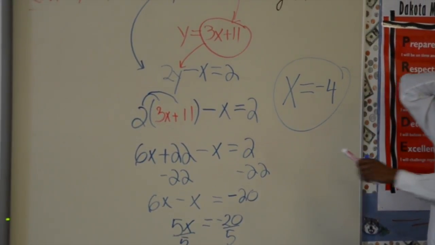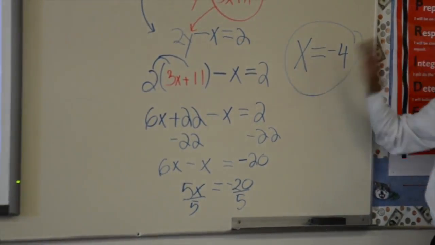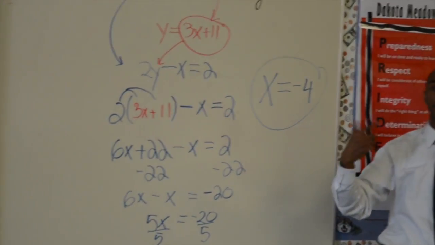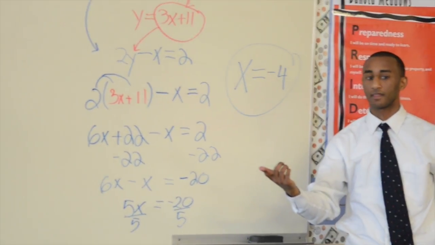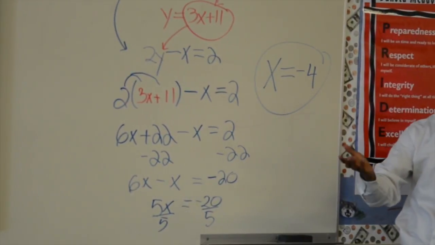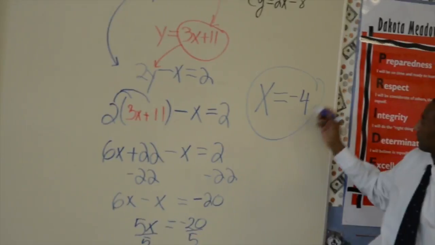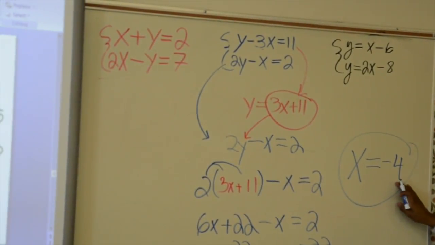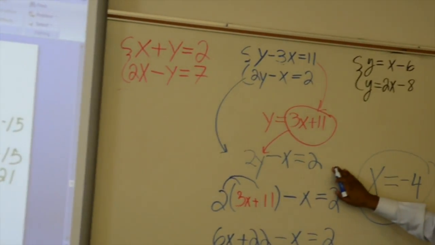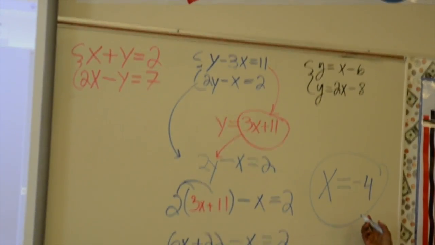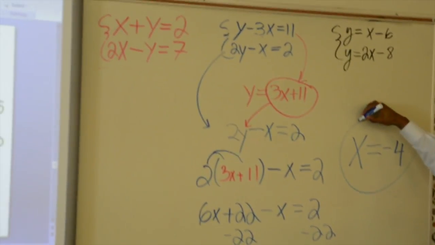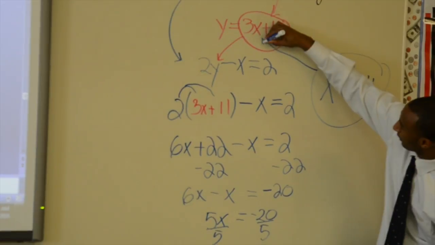So we got our x to be negative 4. How do we determine our y value? Yeah, we just plug it in or we substitute again. Where do we substitute? We substitute for x because x is equal to negative 4. So we can do it either here or here, just wherever is easier. So we could take this x and put it in here.